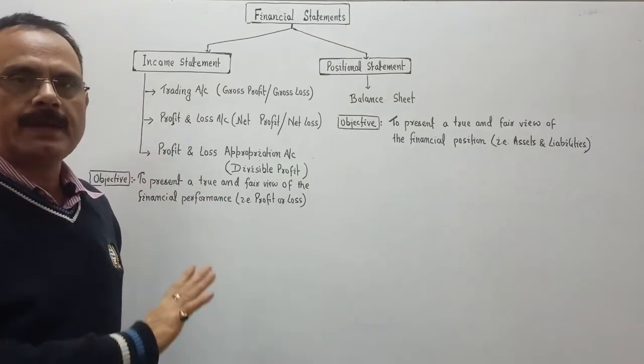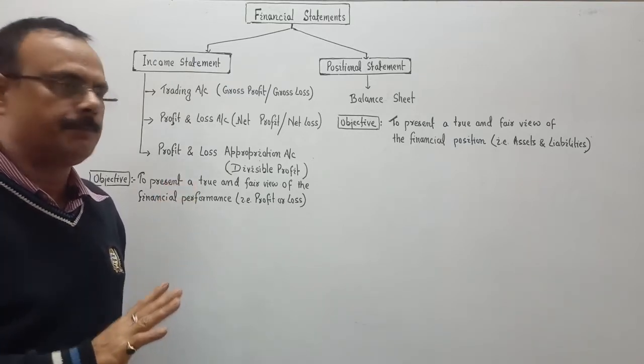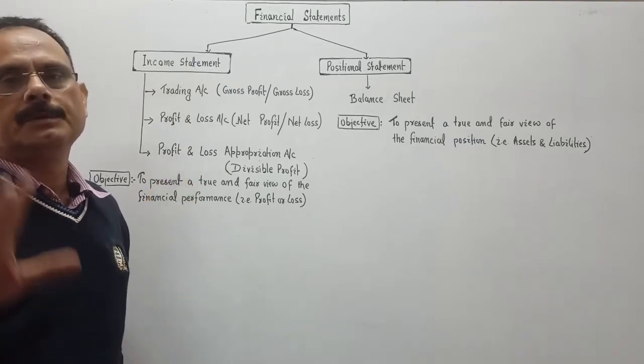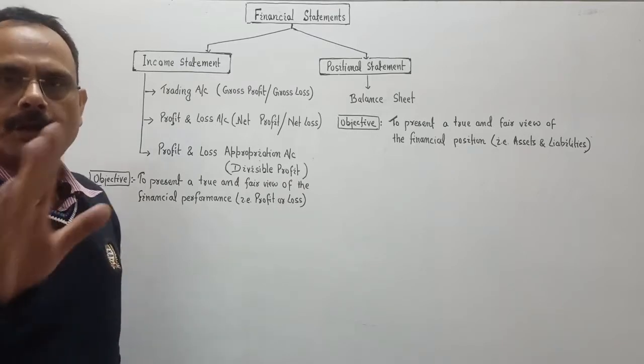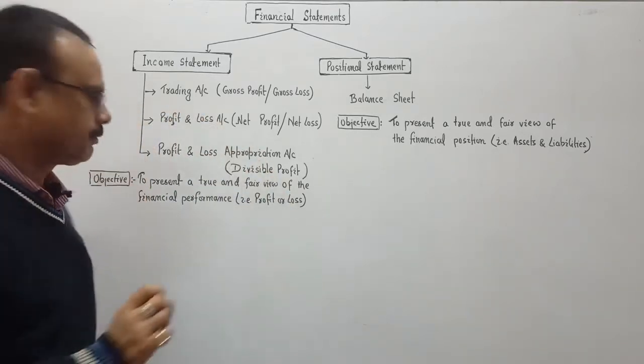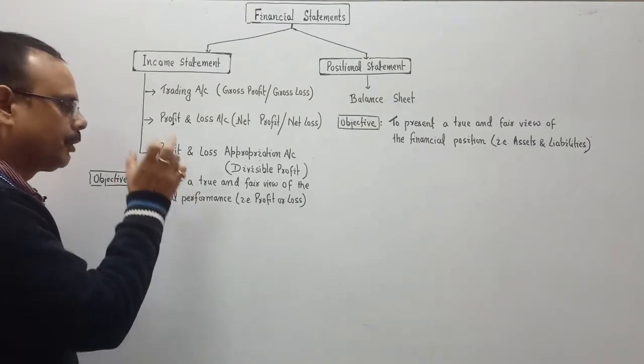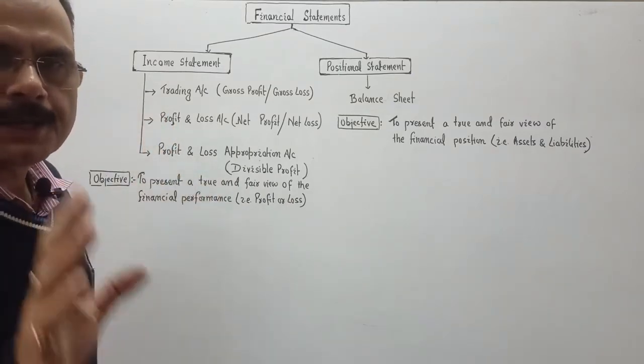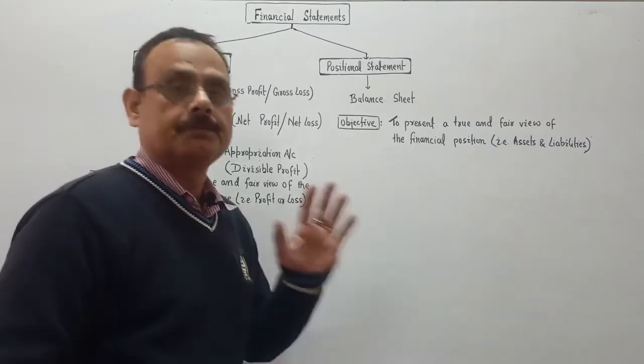If you have performed well, then definitely the profit will be there. If you have not performed well, we will not get the profit, there will be a loss. So profit or loss, financial performance, we observe over here the true and fair view of financial performance.